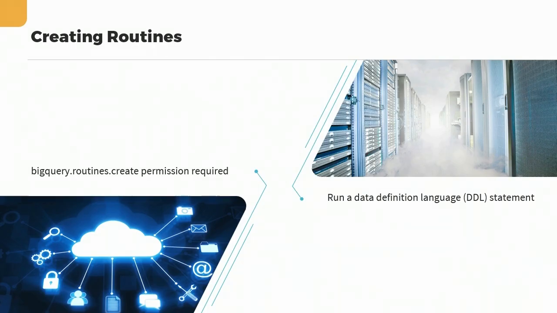Depending on the routine type, I can run one of the following data definition languages. I can have a stored procedure, which will allow me to create a procedure, create function, which allows me to create a user-defined function, or I can create a table function with the command create table function. And these data definition language statements are what's going to be enabled when we give the BigQuery.routines.create permission.